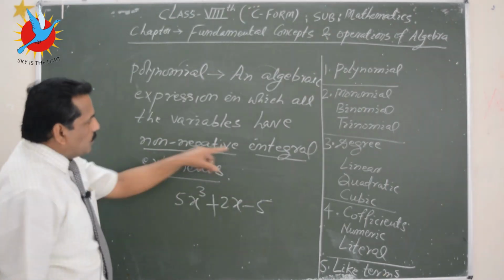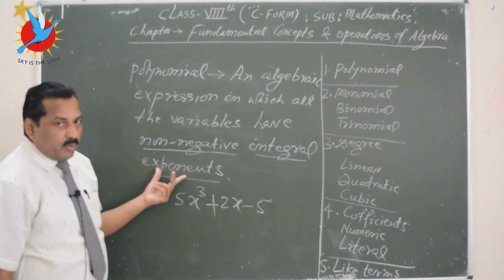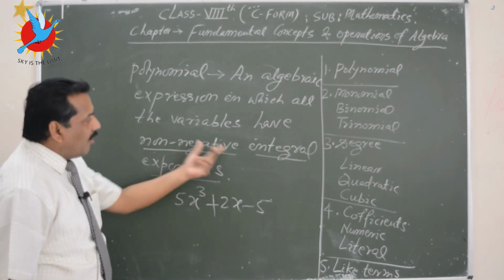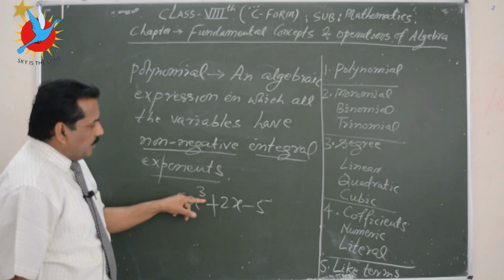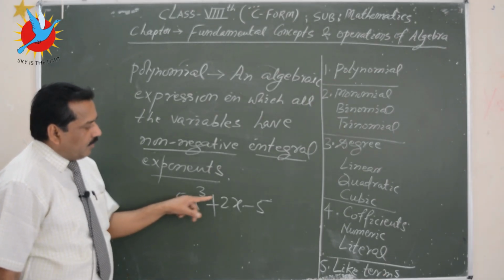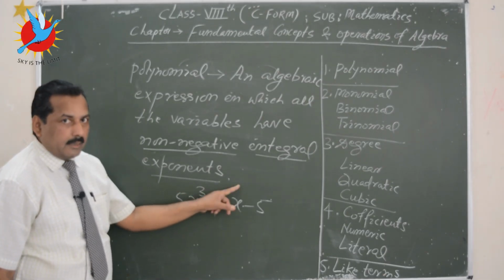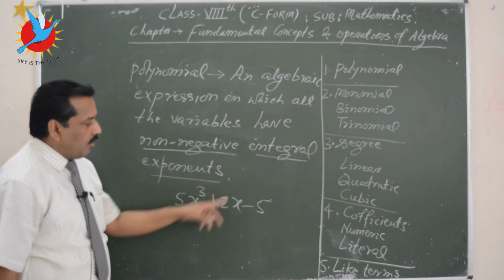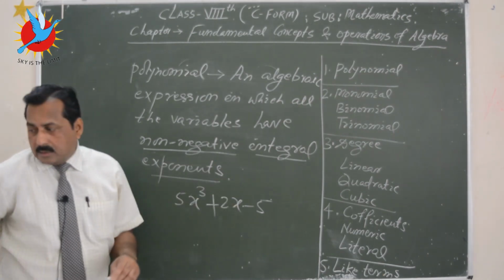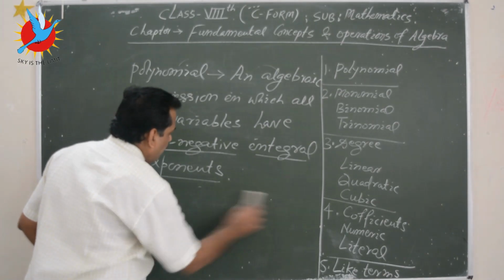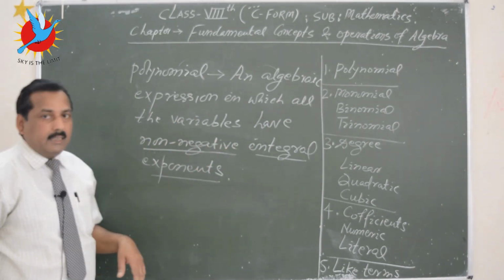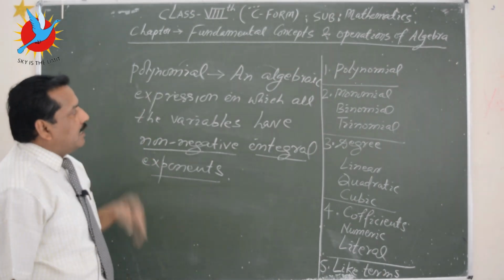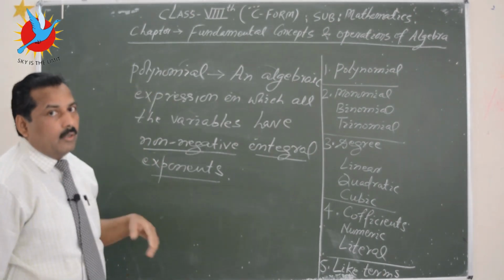So the powers, meaning exponents, must be non-negative and they must be integral also. This is a non-negative integer. If the power is 1, 1 is also a non-negative integer. Let us take some examples where we do not find such conditions, meaning how to identify whether an algebraic expression is a polynomial or not.